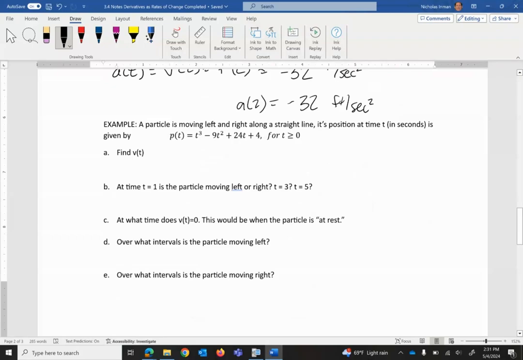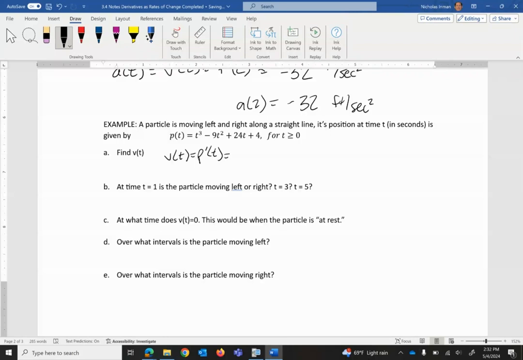All right, a particle moving left and right along a straight line. Its position at time t in seconds is given by this function. So we have a position, and t has to be greater than 0. Find v of t, the velocity. Well, v of t is just the derivative of position.